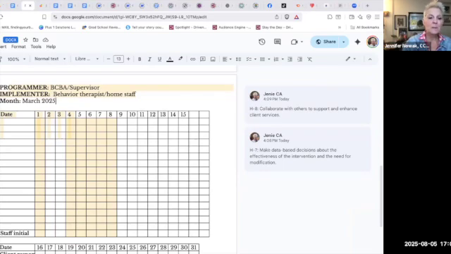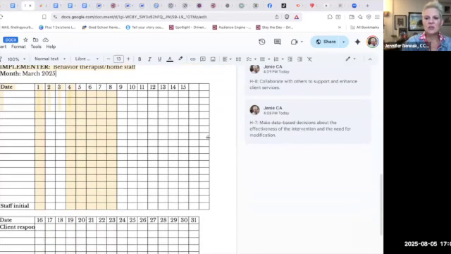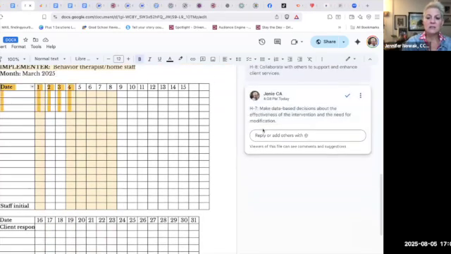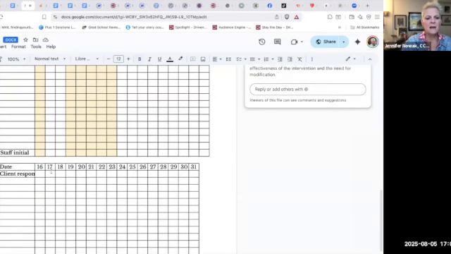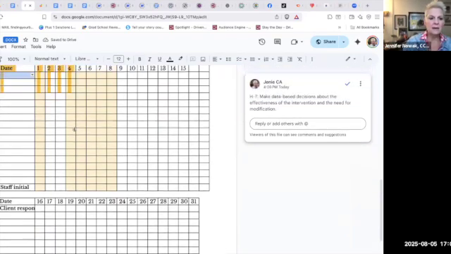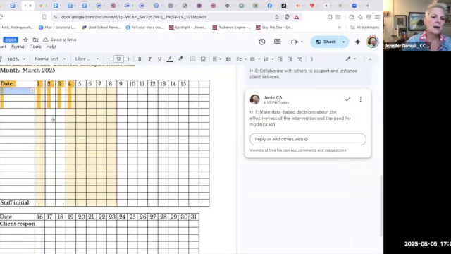So let's talk about the data sheet for a minute, because H7 says that we're going to make data-based decisions about the effectiveness of the intervention and when we need to modify it. For Jessica, these are the days of the month: the 1st through the 15th, and down here the 16th through the 31st. I believe they said they were going to take data 4 days a week, not on weekends.